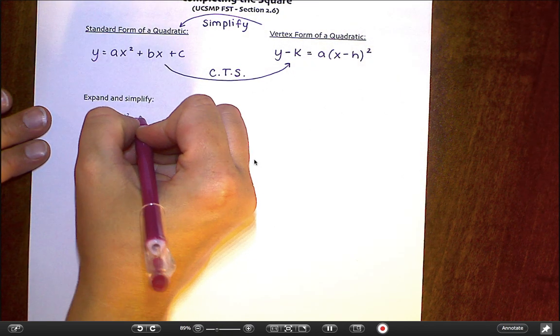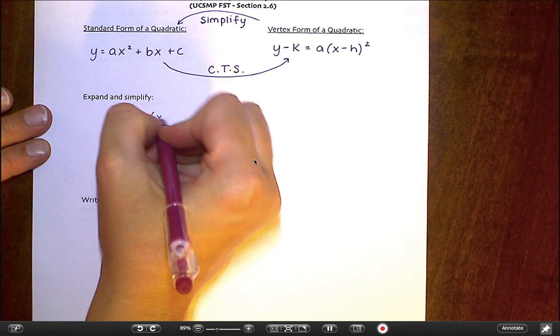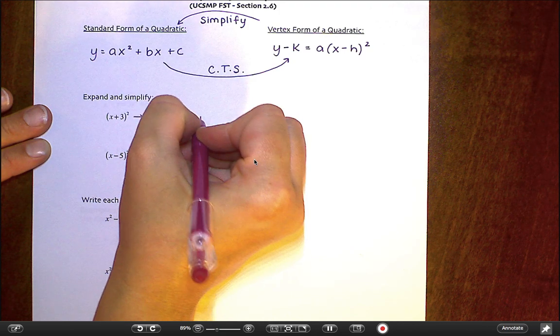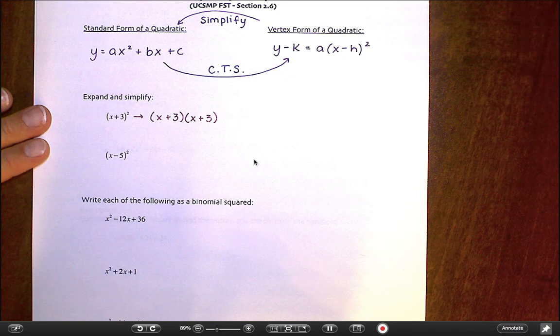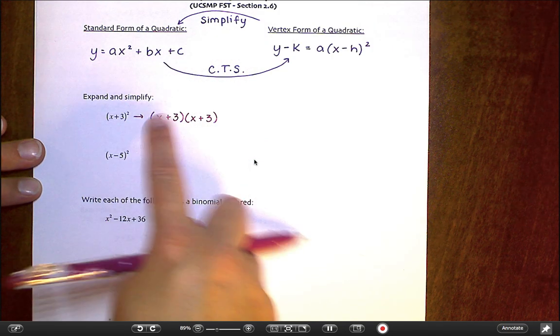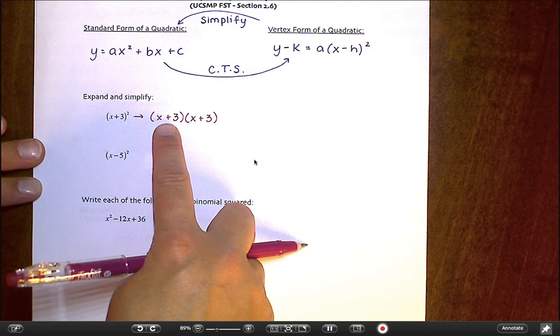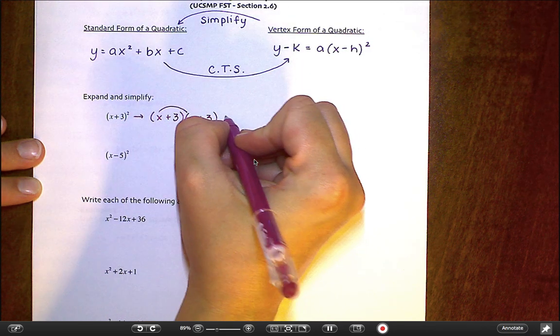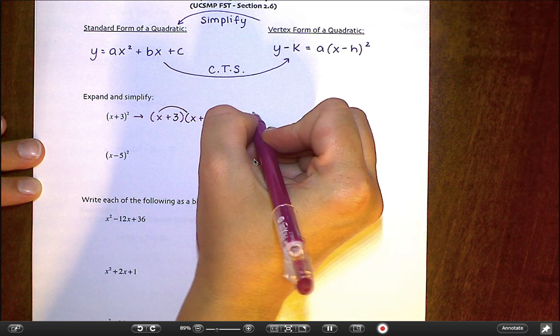So remember, this is going to look like x plus 3 times x plus 3. And then really what we're doing is the distributive property. We're just doing it twice. So I'm going to distribute the x to both of these, and then I'm going to distribute the 3 to both of these. So when I distribute the x, I get x times x is x squared.